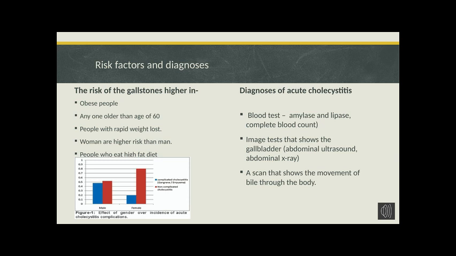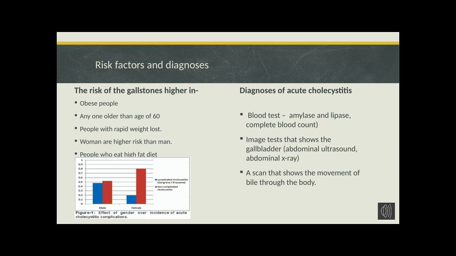This graph shows the effect of gender on the incidence of acute cholecystitis complications. The red one is the non-complications and the blue one is the complications, which shows both men and women are higher in non-complication cholecystitis.